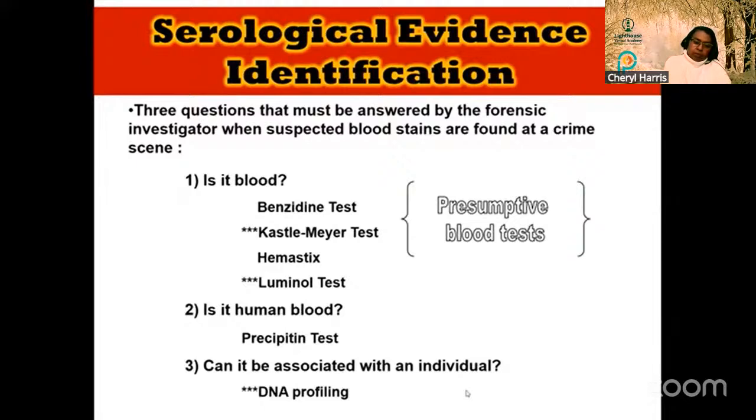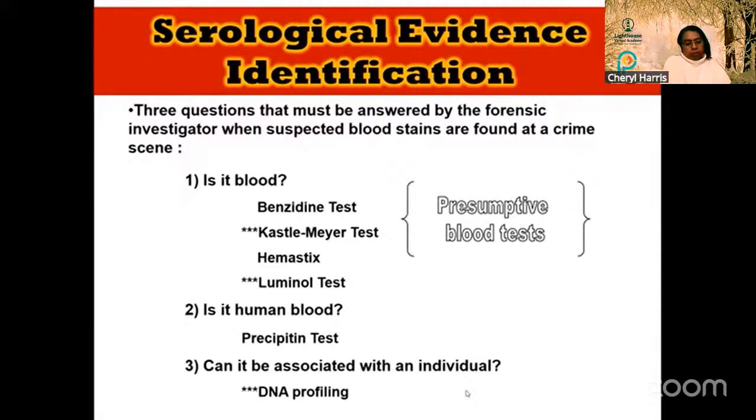Those are stains that can't be seen with the naked eye. And the luminol will actually bioluminesce, or glow, if it detects blood. So it is great for blood stains that have been cleaned. If somebody's cleaned a crime scene to try to make blood disappear, luminol can detect that blood.